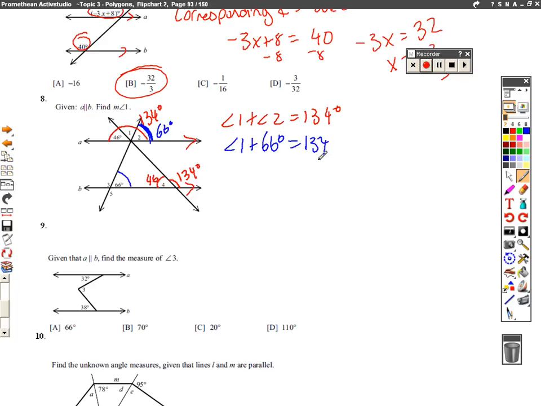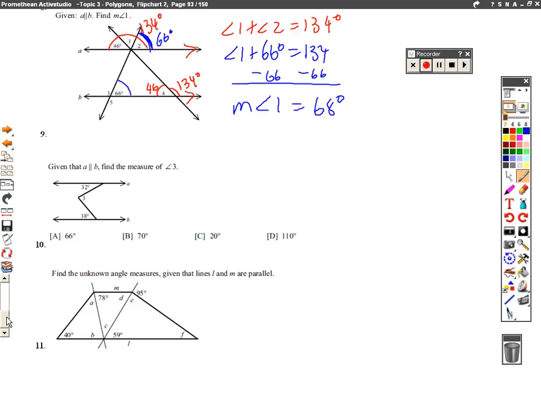You can find angle 1 by subtracting 66 from both sides. Angle 1 equals 134 minus 66, so that would be 68 degrees. Alright, so number 10. Moving on.